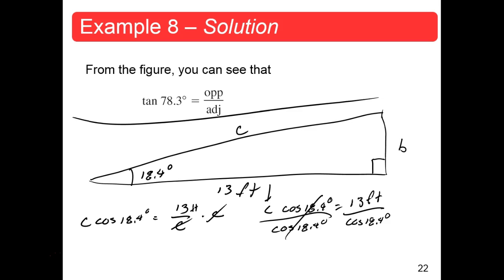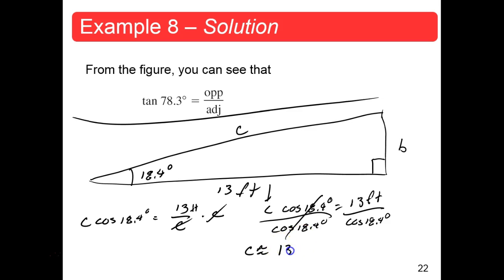Okay. So 13 divided by the cosine of 18.4. Be sure you're in degree mode. Okay. And what do you get? Approximately 13.7.